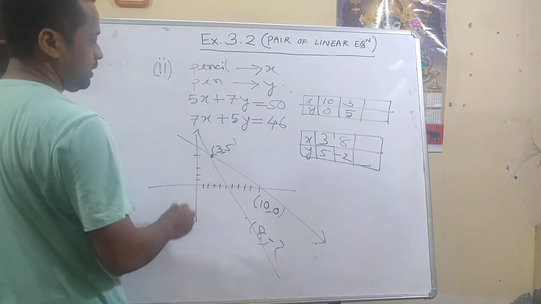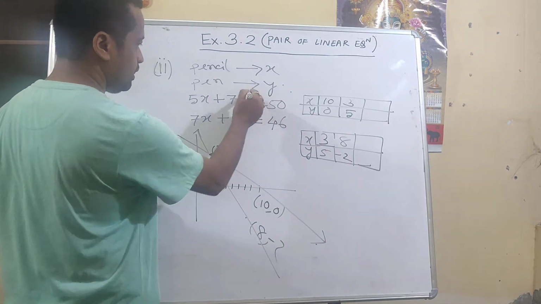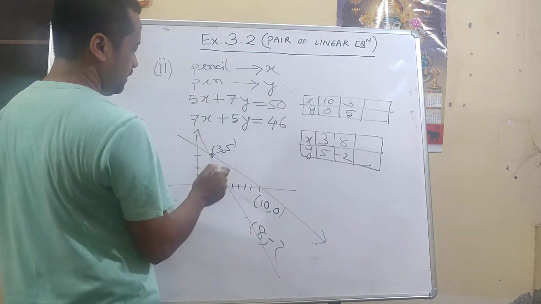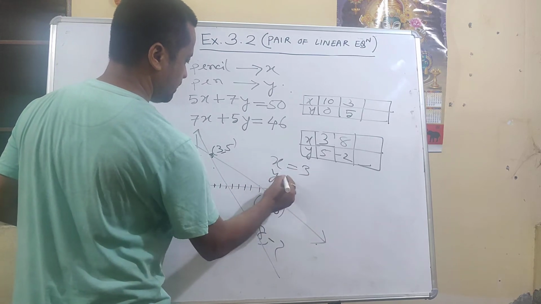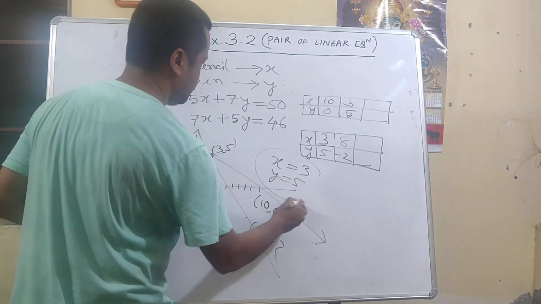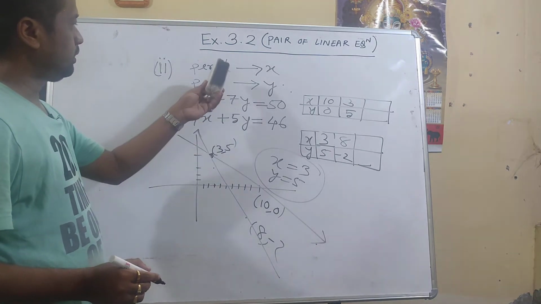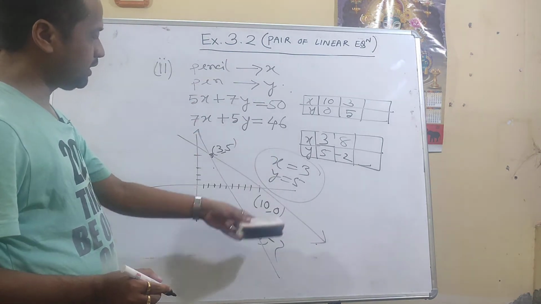So from the graph it is clear that at 3, 5 both the equations intersect. So 3, 5 is the solution, that is x is equal to 3 and y is equal to 5 is the final solution. That is, for pencil it is 3 and for pen it is 5.